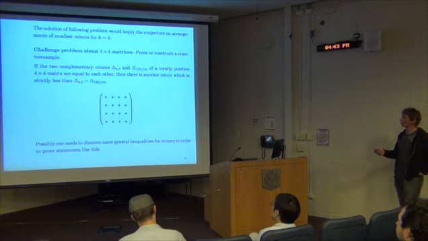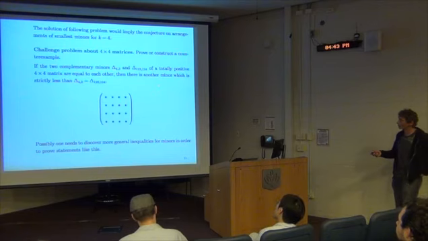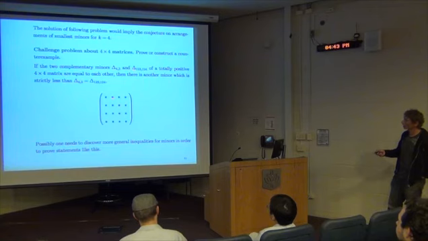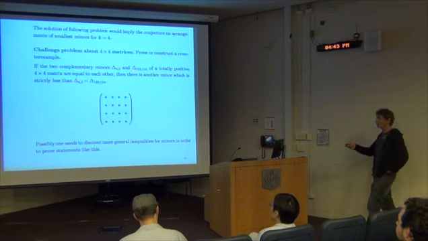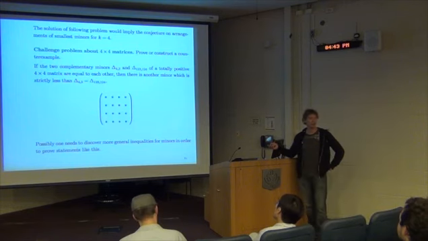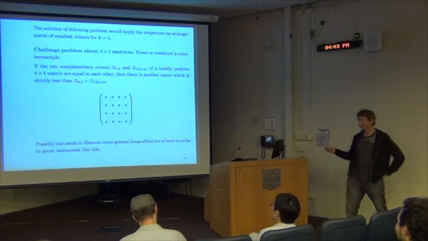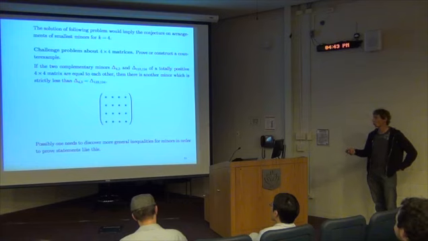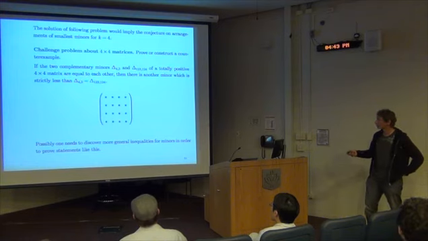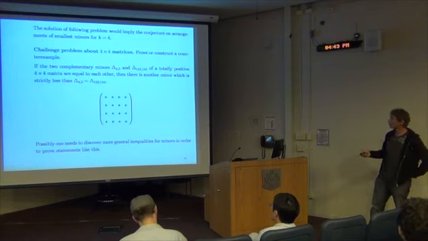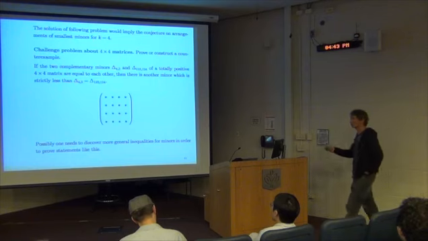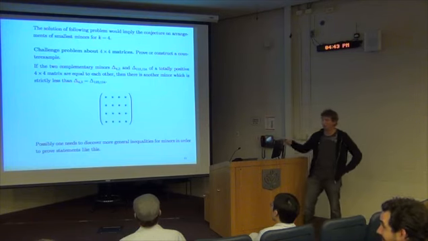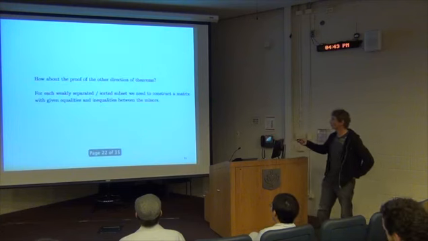If we have two complementary minors of a totally positive matrix, delta 4,3, marked by this red element, which is just a matrix element, and this kind of minor marked by blue stars in this matrix, if they are equal to each other, then we can find another minor which is strictly less than this pair. I don't know why, it looks like not a very hard question, but we couldn't prove it. If we can prove it, that would imply the conjecture for k equals 4, and a similar kind of statement would imply the conjecture for general k.